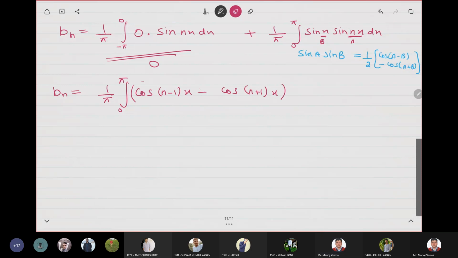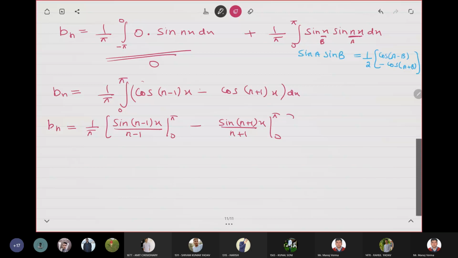Okay. So if I integrate both expressions, it will be 1 over pi; integration of cos will be sin (n minus 1)x upon n minus 1 in the limits pi to 0, minus sin (n plus 1)x upon n plus 1 in the limits pi to 0. 2 will also be in the denominator.